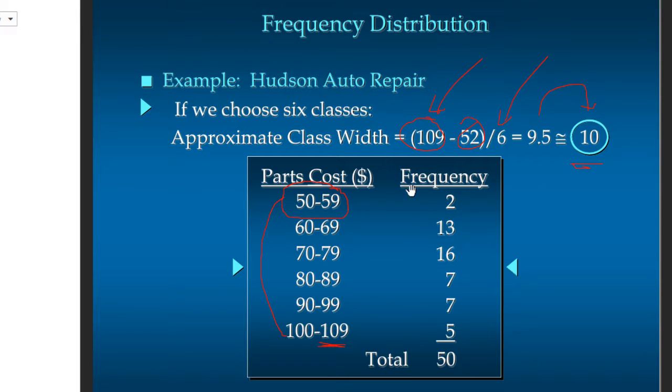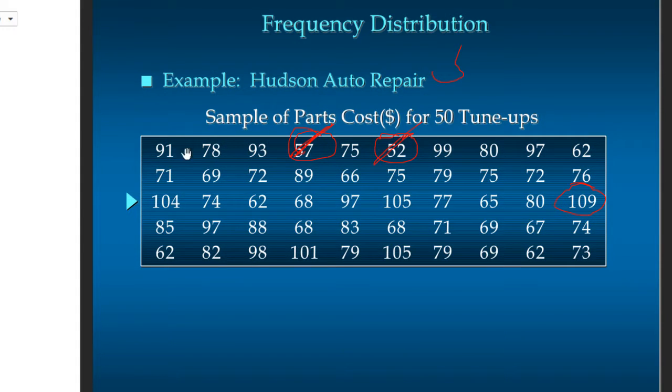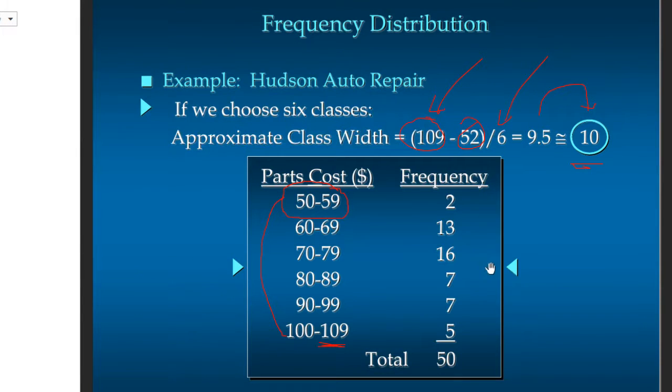And let's see how many numbers we have between 60 to 69. You go here, you count each one of them between 60 to 69. Then it turns out to be 13 of them. And if you count data values between 70 to 79, then it becomes 16.